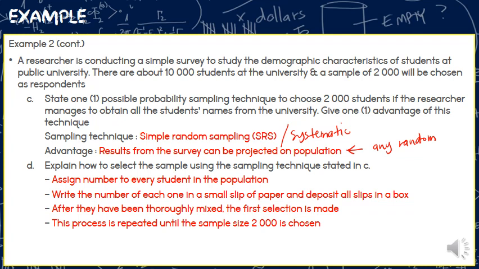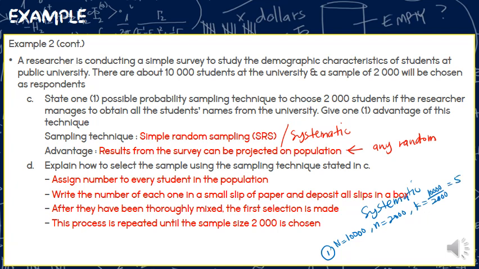Kalau you suggest systematic, cara nak conduct dia, pertama, you kena tahu apa N awak 10,000, small n 2,000, K awak adalah 10,000 bahagi 2,000, which is 5.